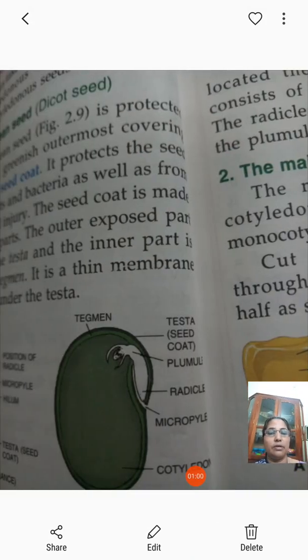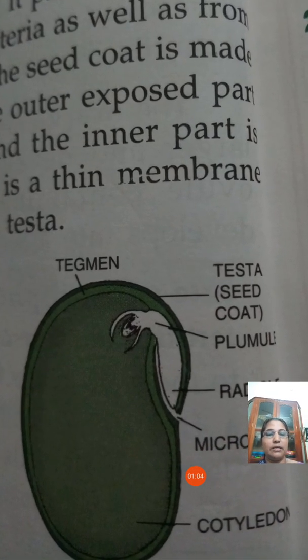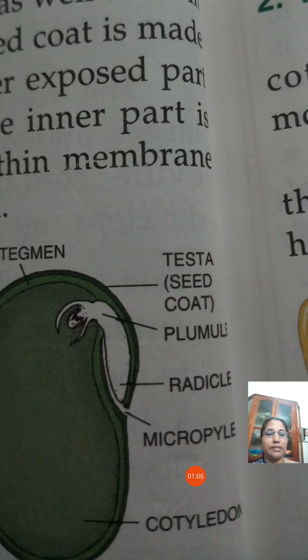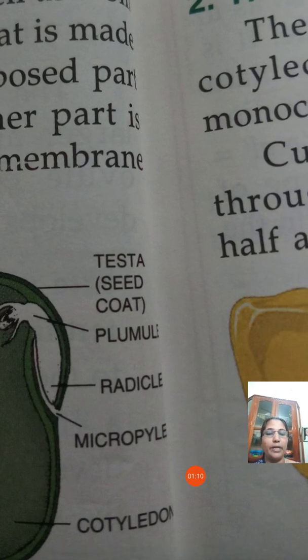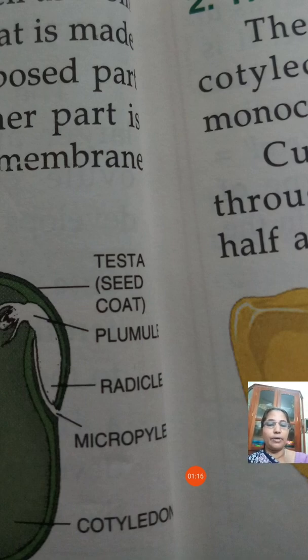In your textbook you might have observed the bean seed in section. Here you can see a small opening known as the micropyle. When we soak the seed or put the seed into water, the water will enter into the seed through the micropyle.